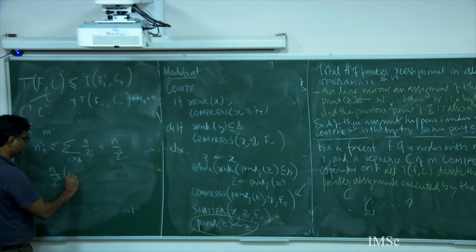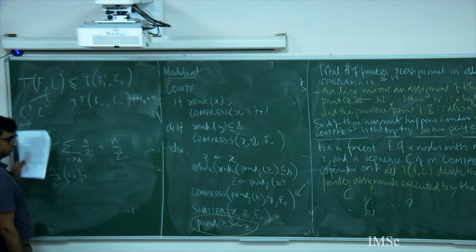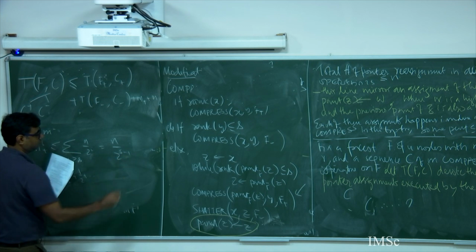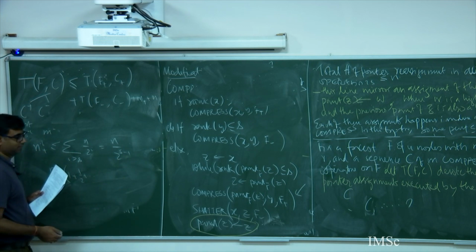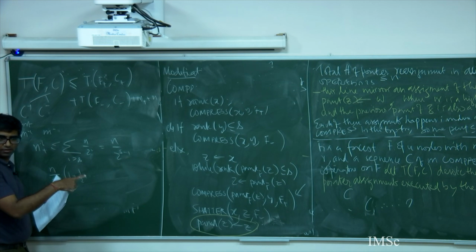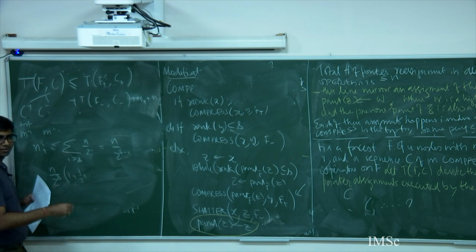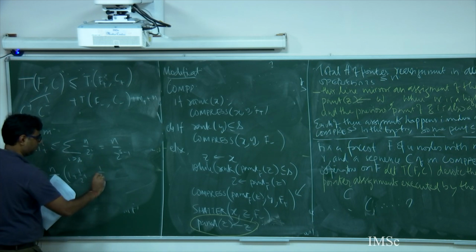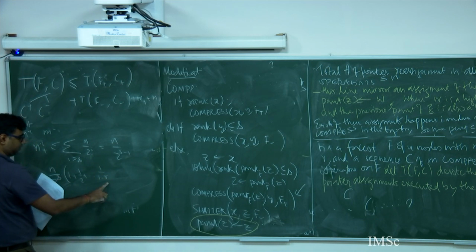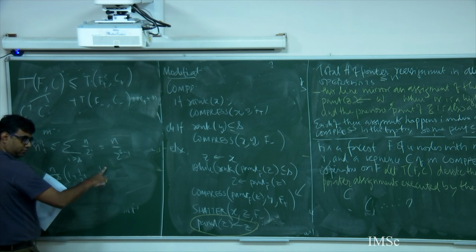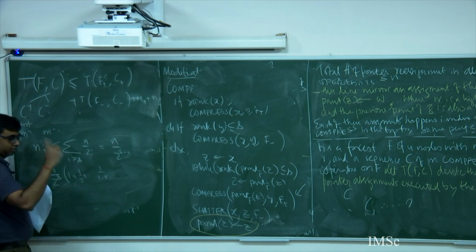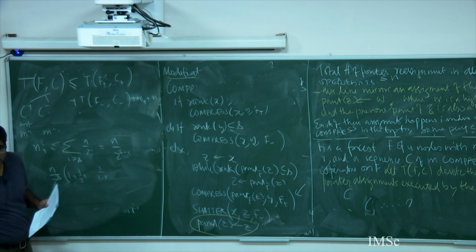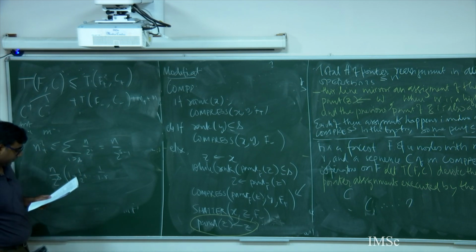What is this then? 1 plus half plus something something. So 2 power s minus 1, something of this nature, right? This is a over 1 minus r, where a is 1 and r is half, so it is 2. Yeah, correct. So agreed? Okay, fine.